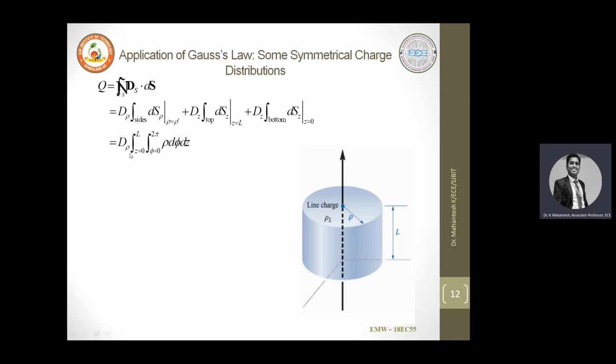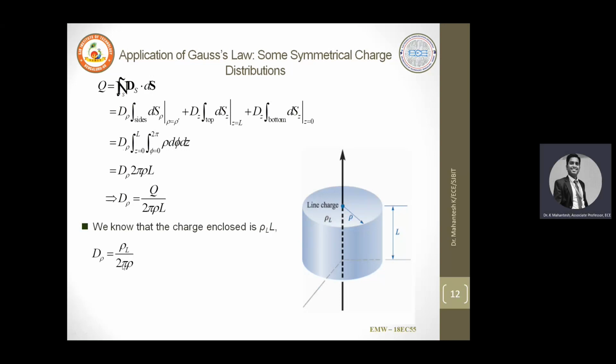So Q will be equal to D rho times the double integral, the first integral varying in z from 0 to L, the second integral varying from 0 to 2 pi, the azimuthal angle, of rho d phi dz. Therefore, Q is equal to D rho 2 pi rho L. Therefore, D rho is equal to Q divided by 2 pi rho L. We know that the charge enclosed is rho L times L, that is charge density into total length.